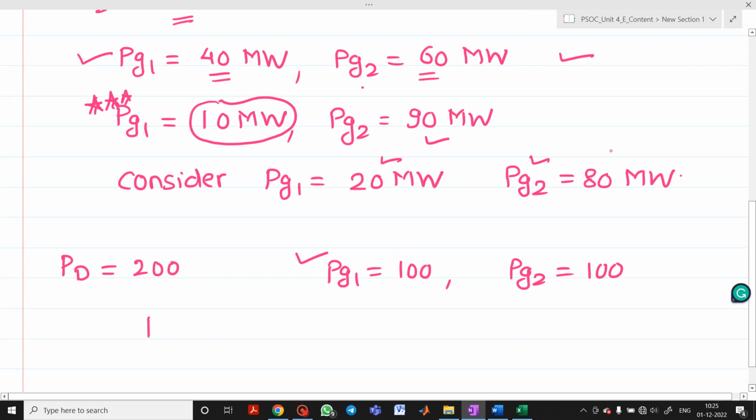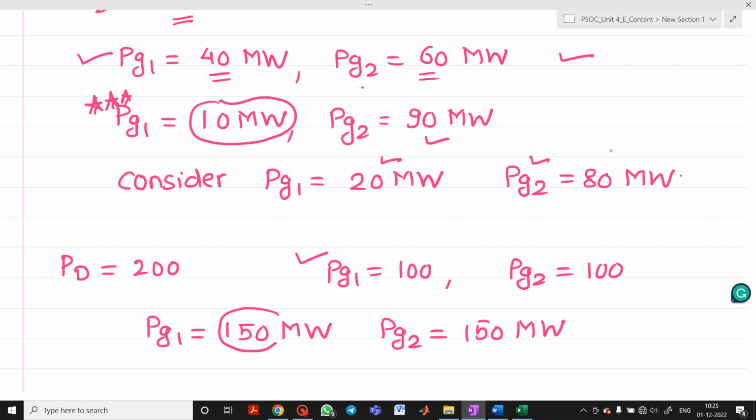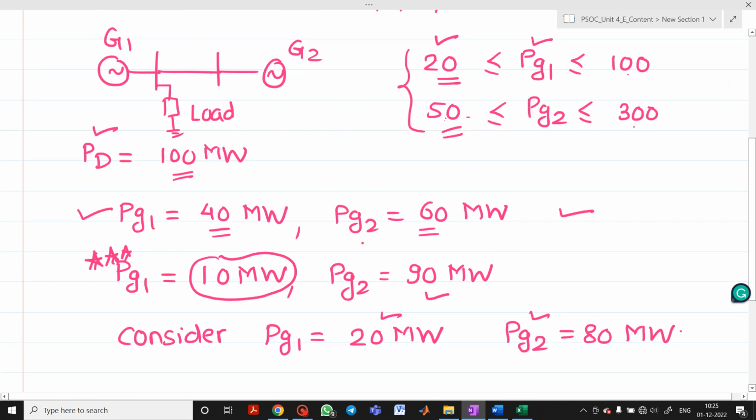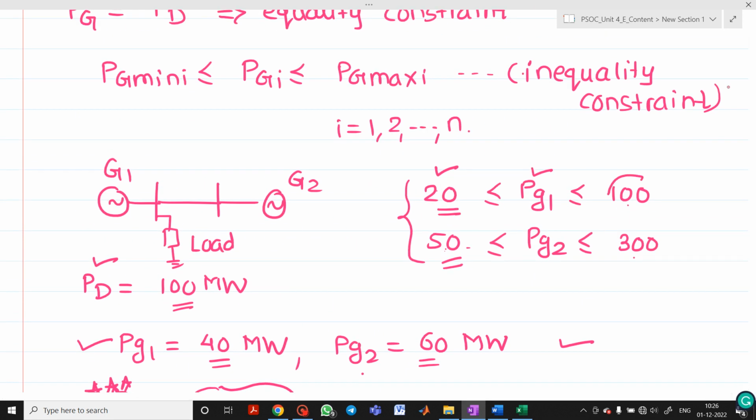But by calculation, suppose I got Pg1 equal to 150 megawatt and Pg2 equal to 150 megawatt. Now again there is a problem. Generator 1 is going to produce 150 megawatt, but its limit is 100 megawatt only. So it is not going to produce power beyond 100 megawatt.